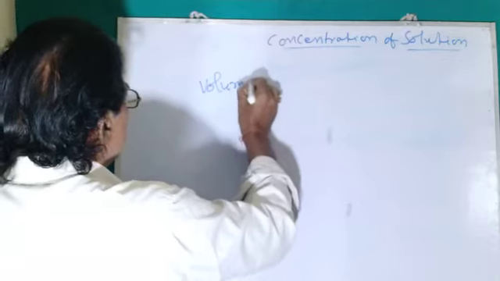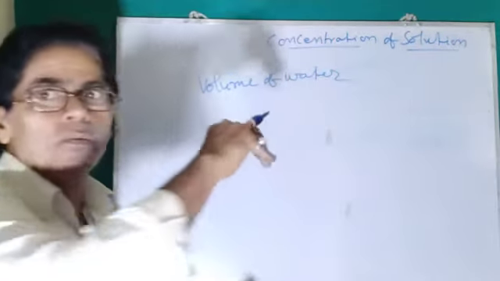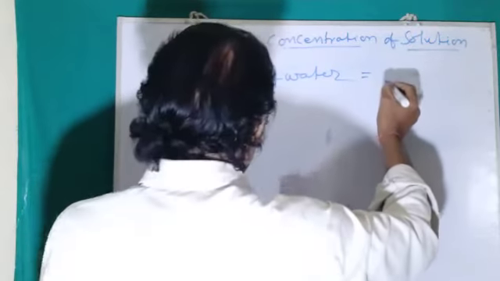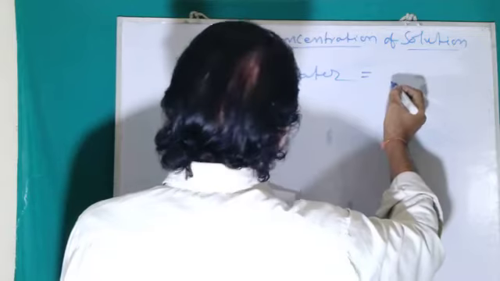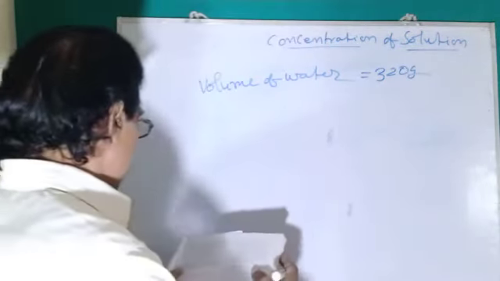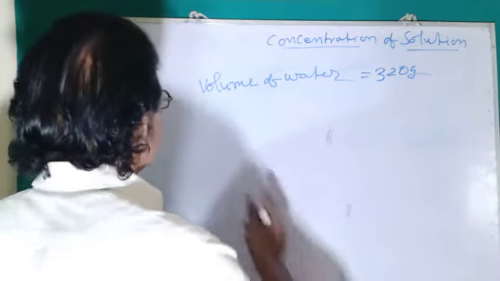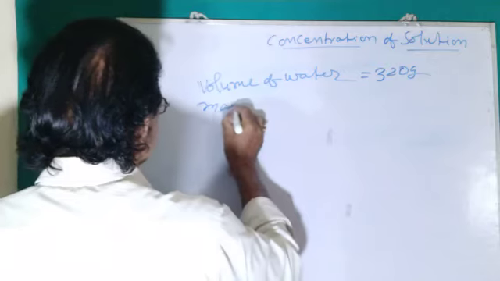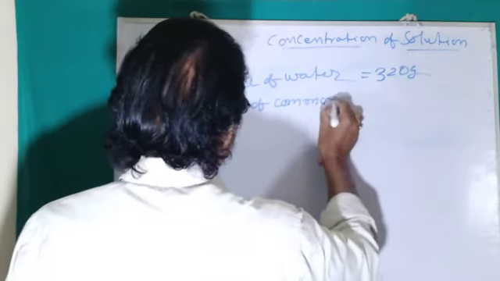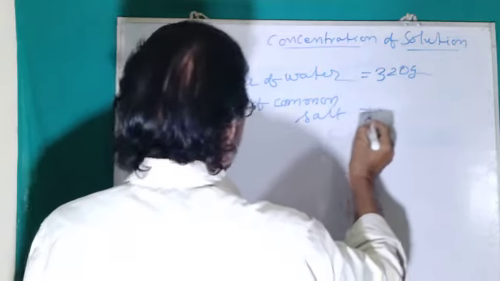Volume of water equal to 320 gram, and mass of common salt is 40 gram.